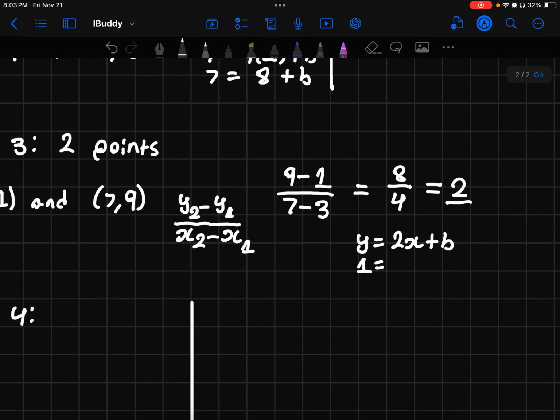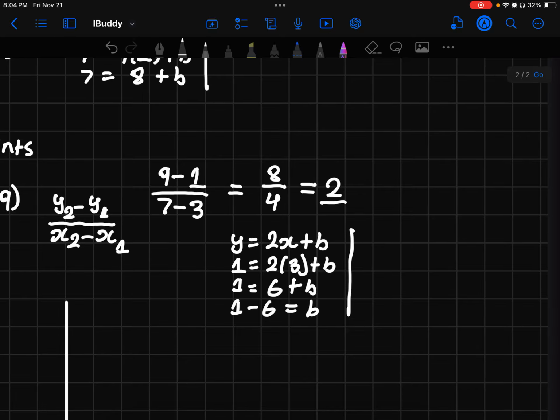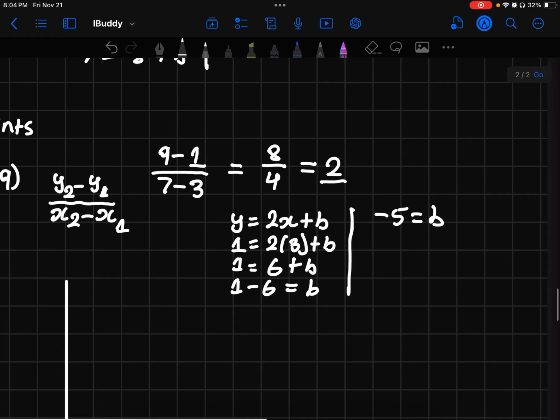So 1 is equal to 2 times 3 plus b. 1 is equal to 6 plus b. 1 minus 6 is equal to b. -5 is equal to b. So then you just write the equation. Y is equal to 2x minus 5.